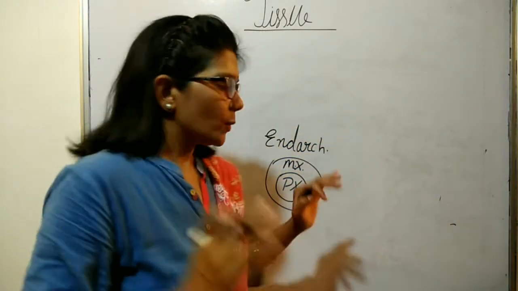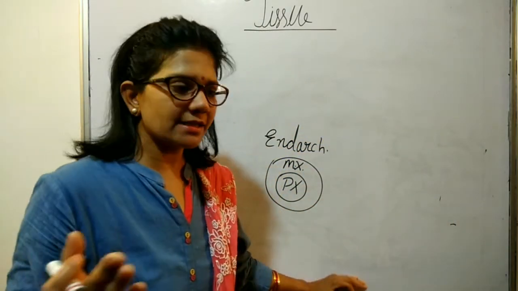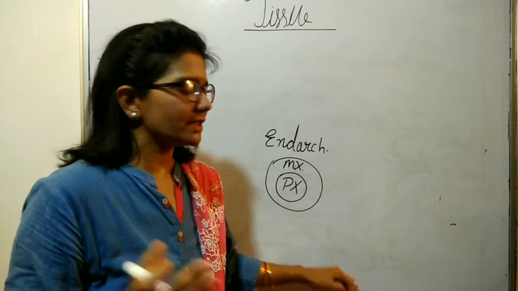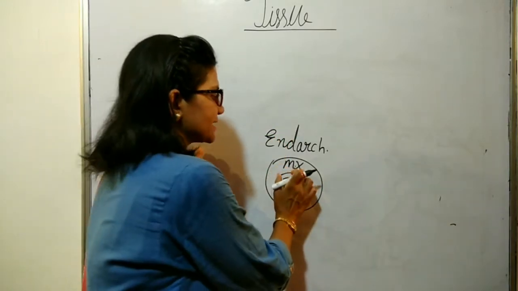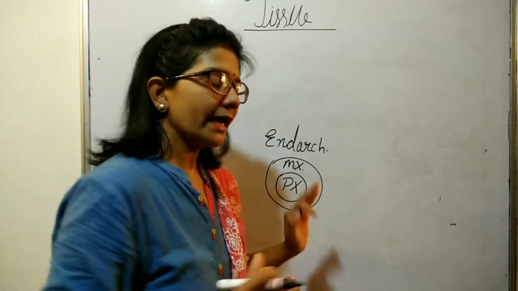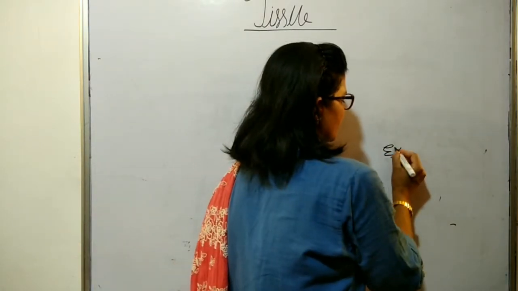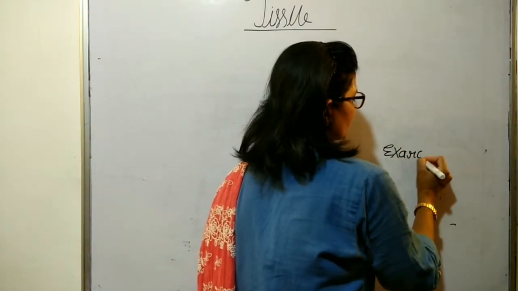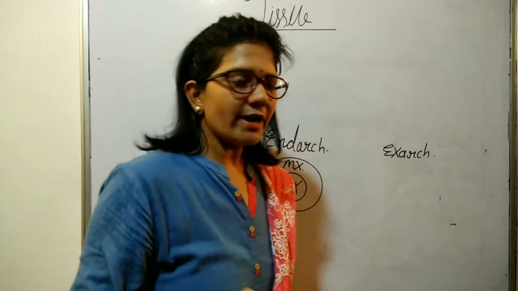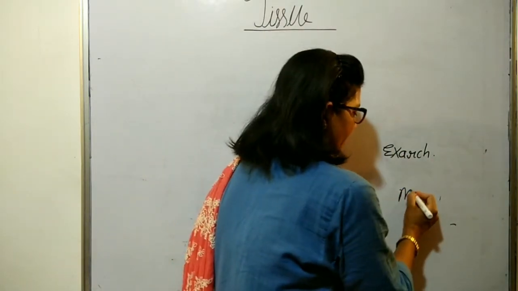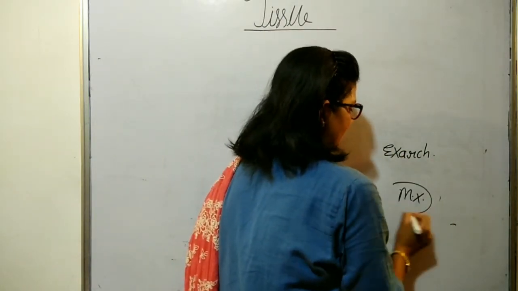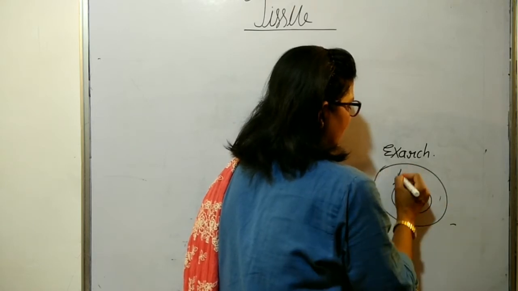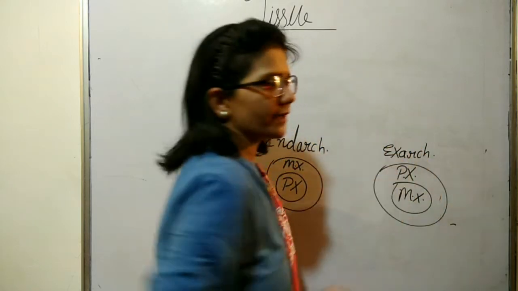We will discuss this topic again when we discuss the vascular bundle, but referring to the xylem, I am just telling you about the endarch and the exarch position. The exarch position is that vascular bundle in which the metaxylem lies at the center and the protoxylem at the periphery.